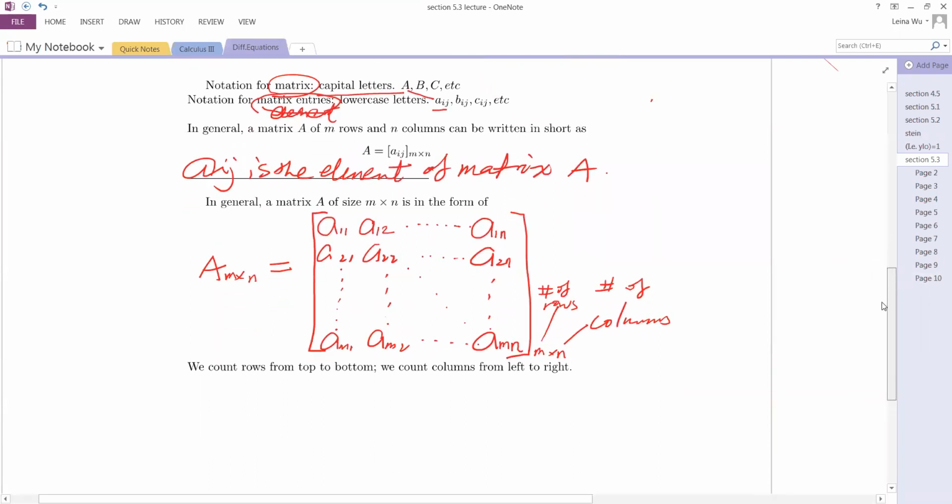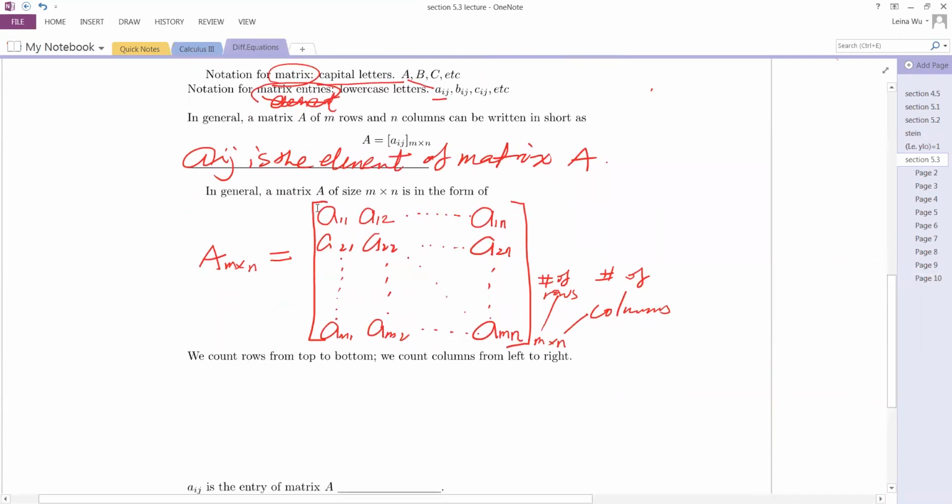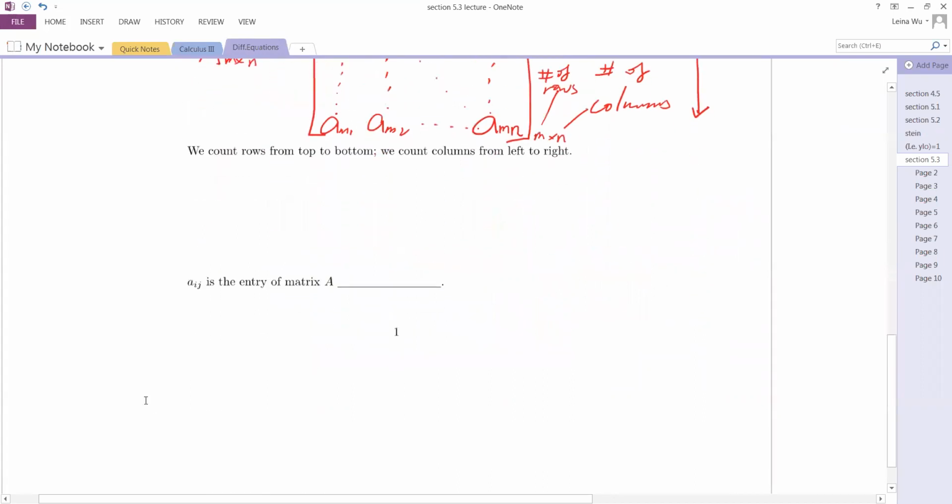We count rows from the top to the bottom, that's the order of your counting, and then we count the columns from left to right. a_{ij} is the entry of matrix A in where?